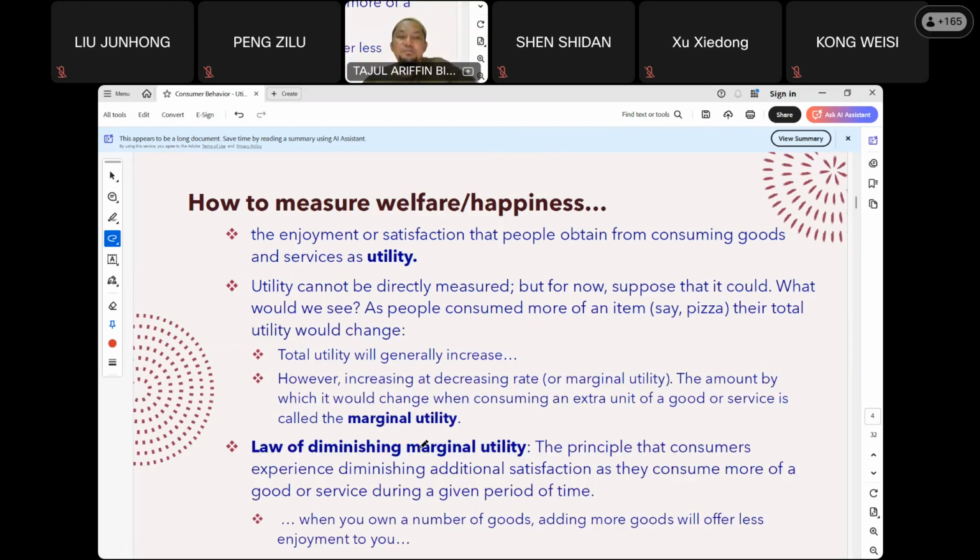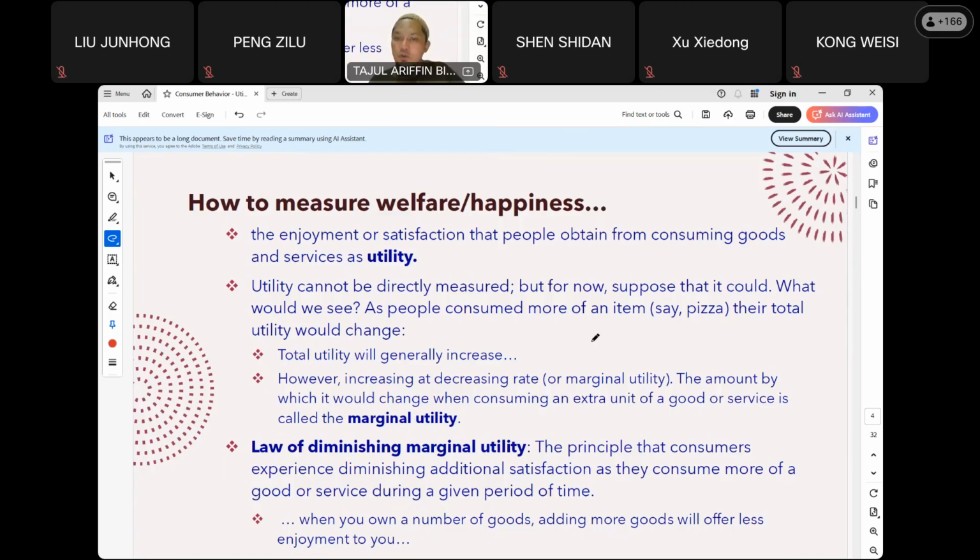Now, the biggest issue when we talk about welfare, happiness, satisfaction is that they are not directly measurable. Even though they are not directly measurable, every one of us surely has our own perception of the perceived benefit. We consume pizza.